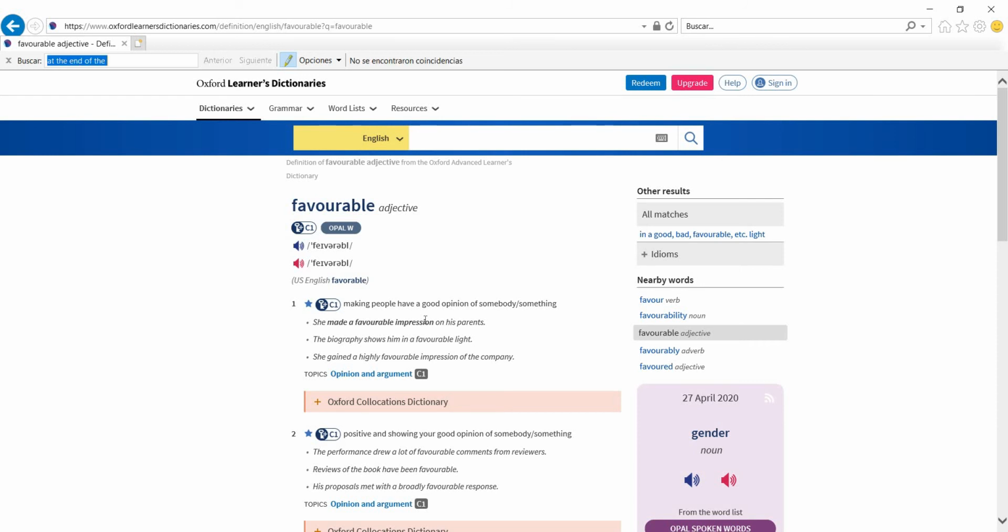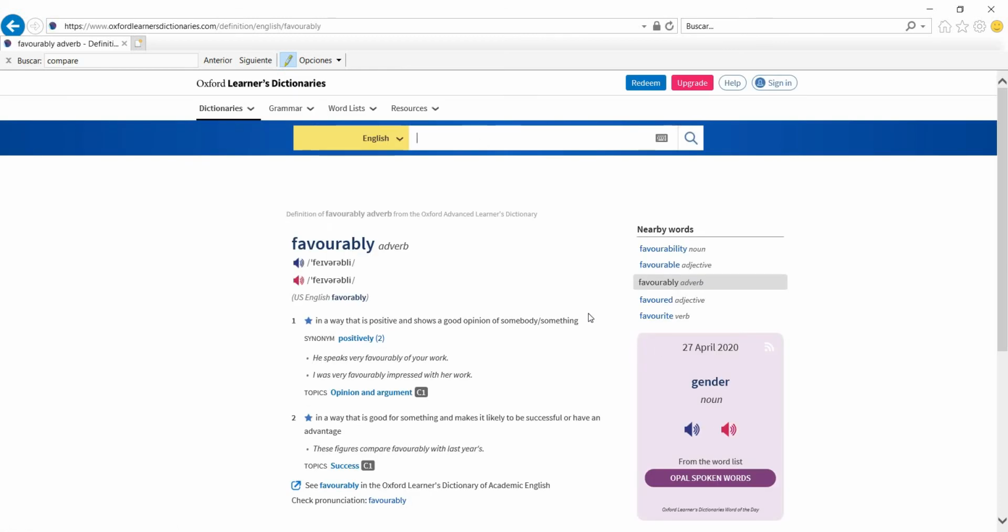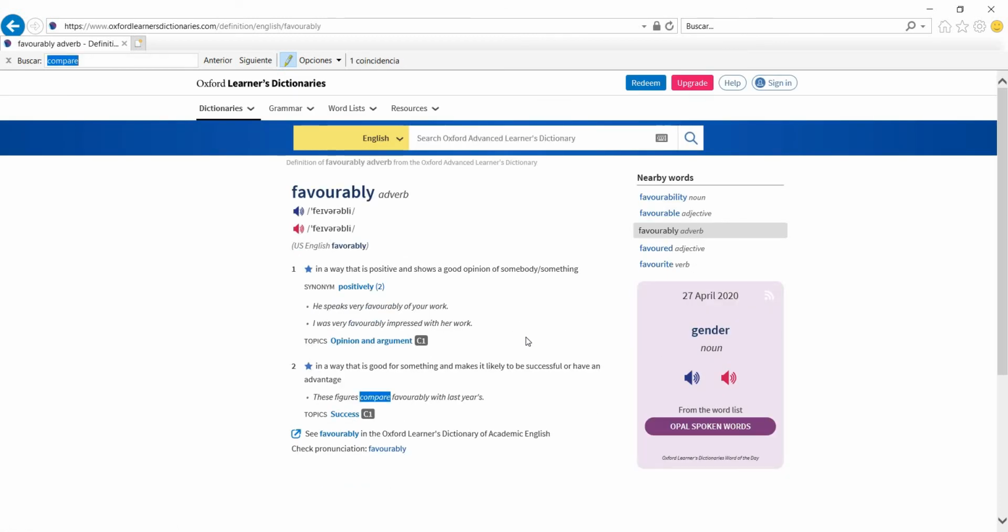Let's see if the dictionary gives us something. Let's push it one bit while you think about it. Yeah, the figures compare favorably with last year's. So they're good because it's likely to be successful, right? It's an advantage, it's something positive. It's a very nice choice, and a collocation, by the way. All right, I'll leave you to make your own choices here.